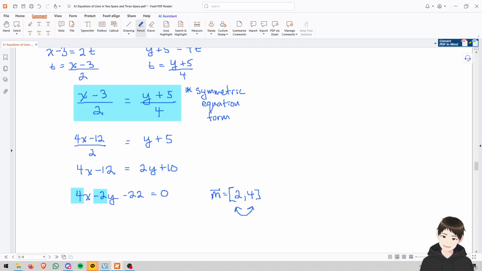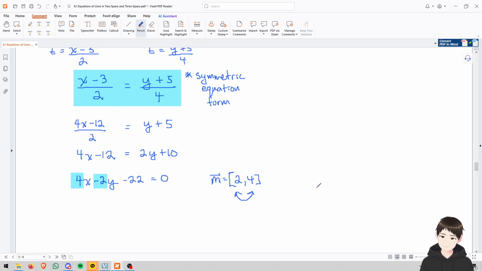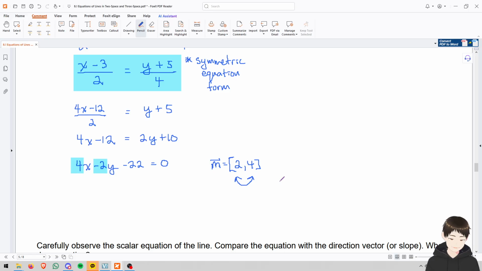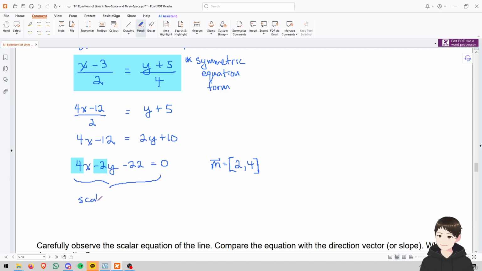Does that ring a bell? I hope it might have. The concept that I want to deliver is that the numbers we see as coefficients in the scalar equation are a negative reciprocal of the direction vector. Okay, that must be a handful. So first, let's establish what I have here is a scalar equation.